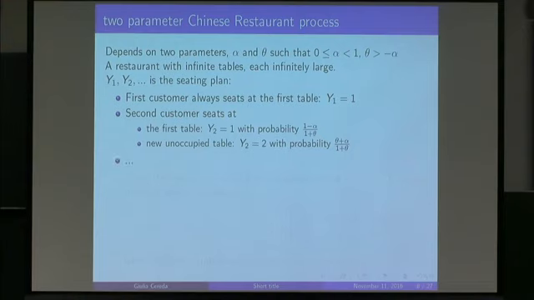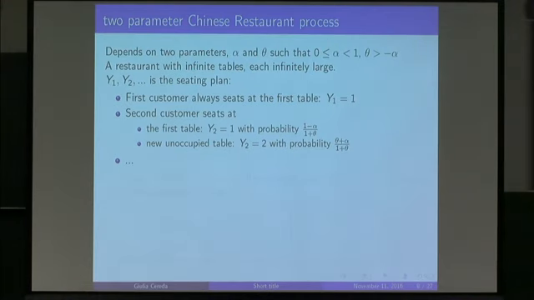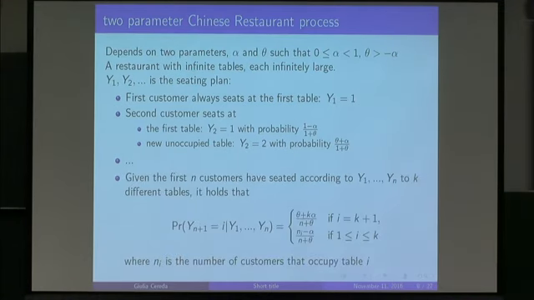Then at time n plus 1, when the (n+1)th customer enters the restaurant, n people have already been seated according to y1, ..., yn, at k different tables. So k tables have been created, and the (n+1)th customer has several choices.